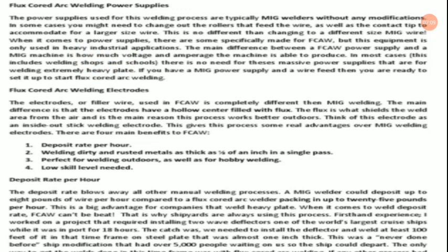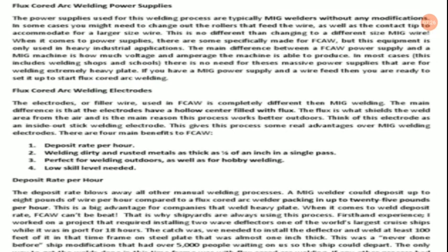The main difference between an FCAW power supply and a MIG machine is how much voltage and amperage the machine is able to produce. That is the main difference between an FCAW and a MIG machine.